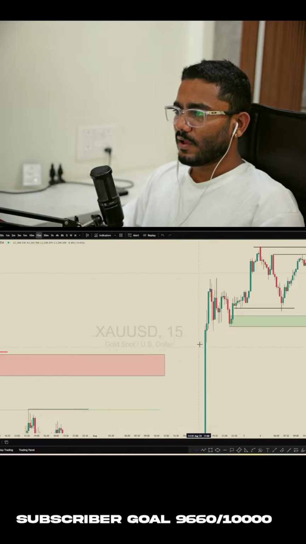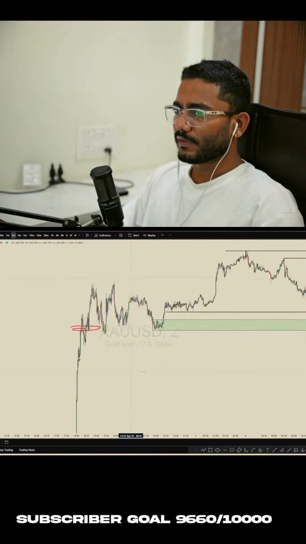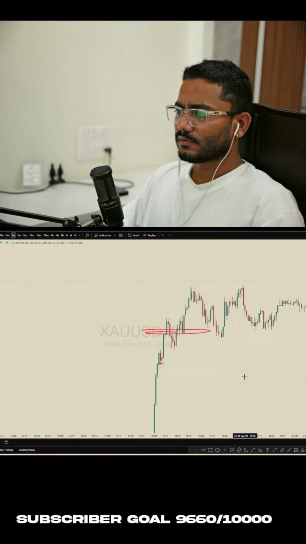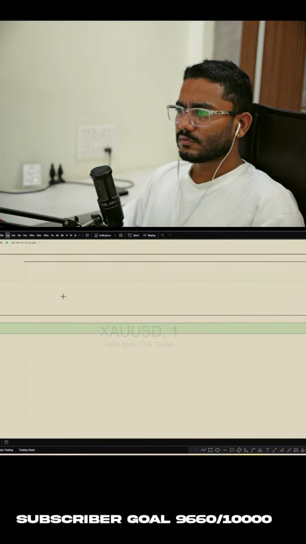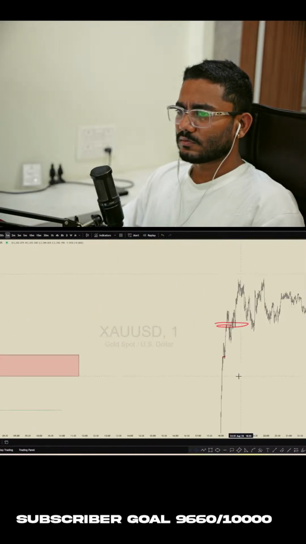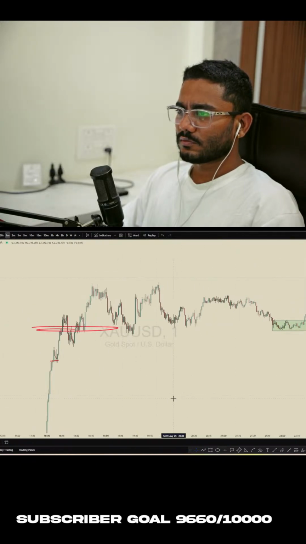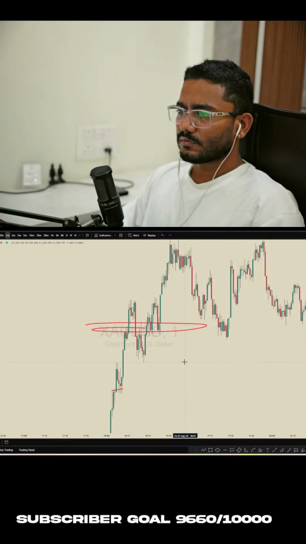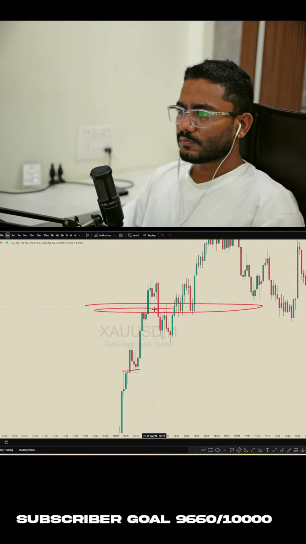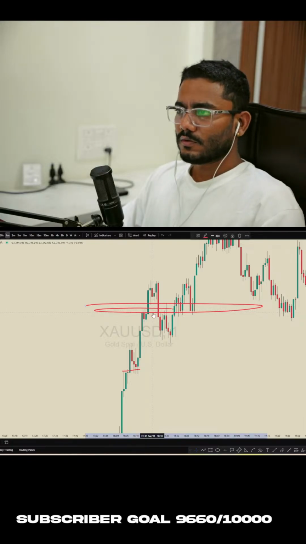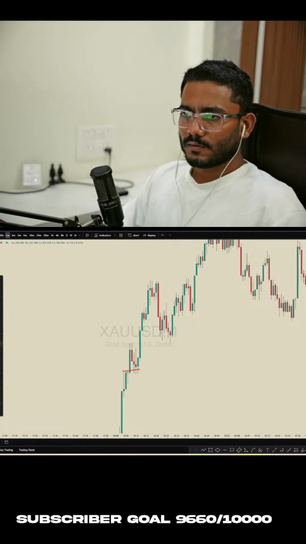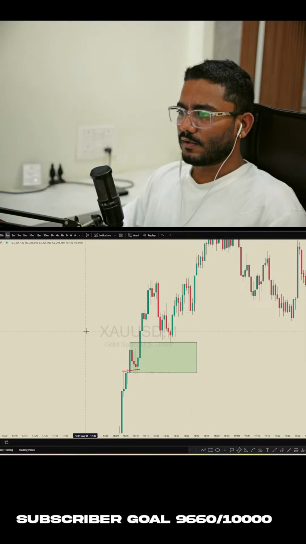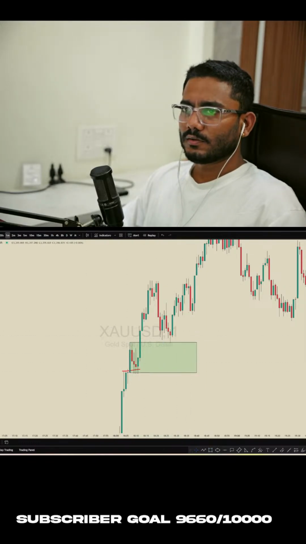Again, after this candle, price stopped and then started to move slowly, and then here we have this area, price tapped.